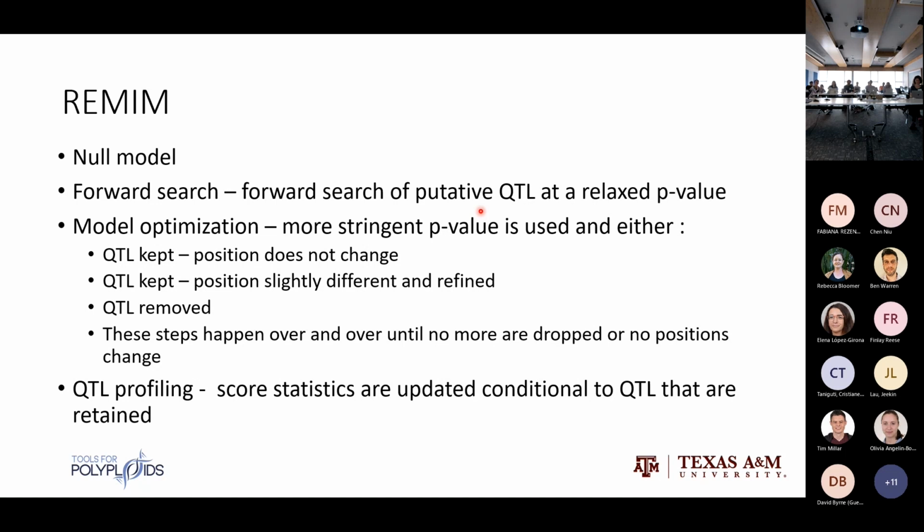These steps keep going over and over again until no QTLs are added or no positions change. And at the very end, there's QTL profiling where the score statistics are updated conditional to the final QTLs.